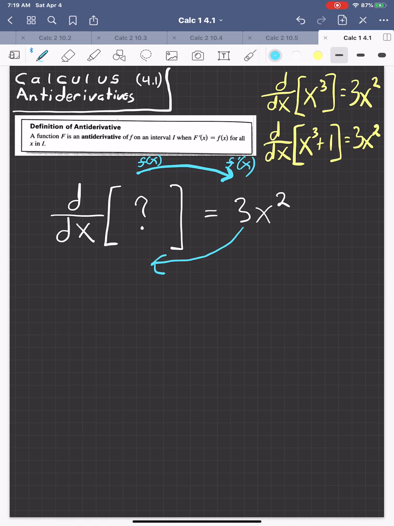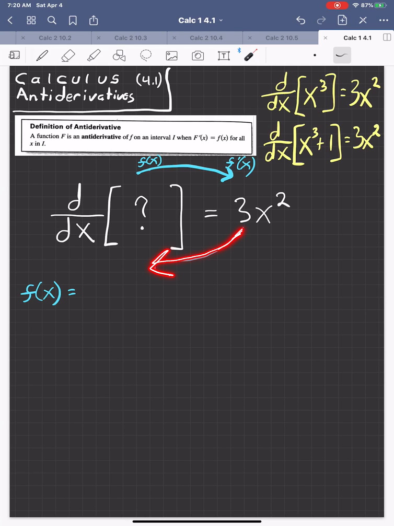So the f of x for our purposes, from chapters 2 and 3, has always been the original function, and f prime is the result, the derivative of the original function. But can you agree that if we're going to go backwards, then our original function is going to be the derivative?